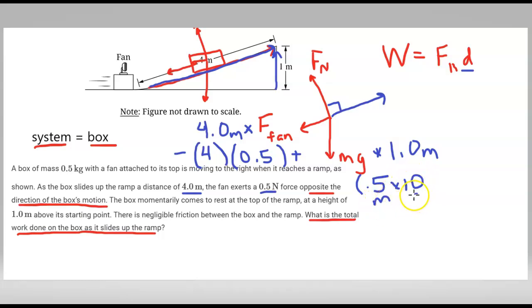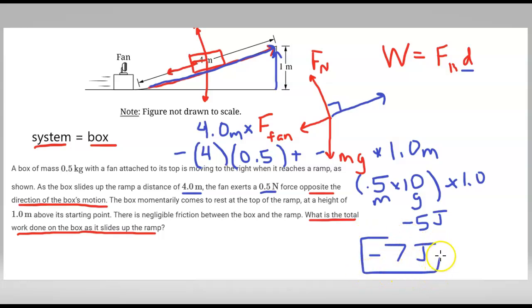We multiply that by 1.0, and that gives us 5 times 1, which is 5 joules. But again, it would be negative because gravity is going down and the box is going up. So gravity is doing negative work on the box. It's taking away energy. This is 2 and this is 5, and that adds up to -7. So that's the total amount of work. The fan's doing negative work and gravity is doing negative work as well.